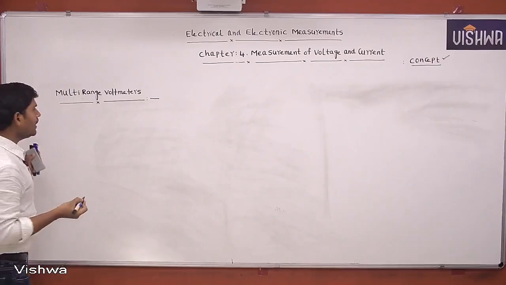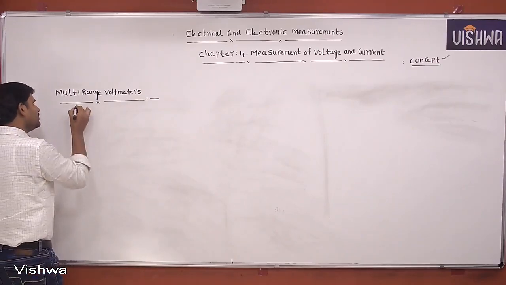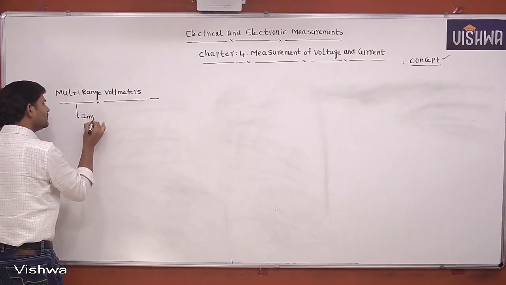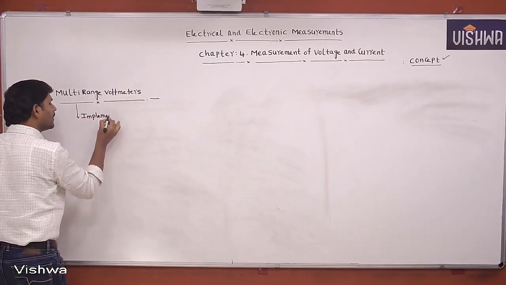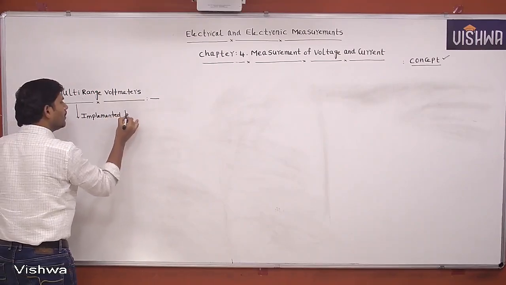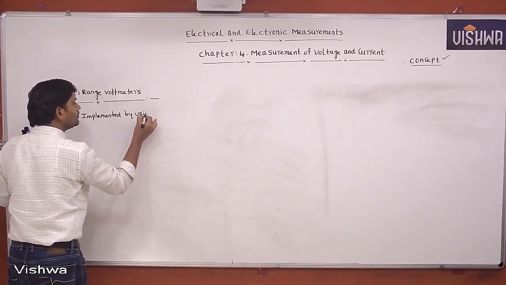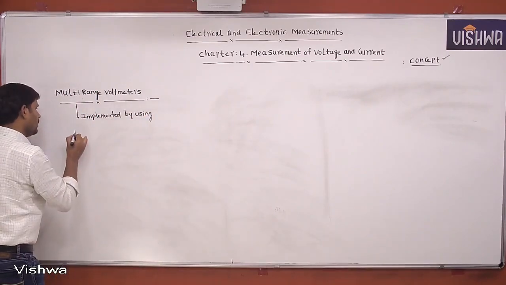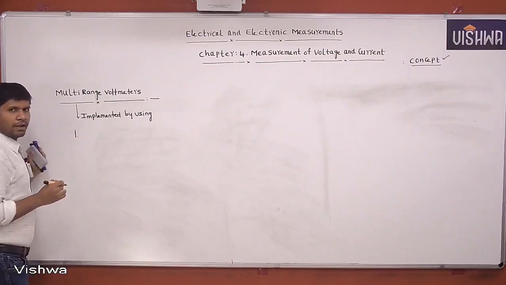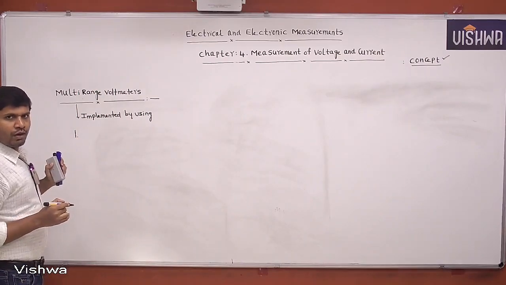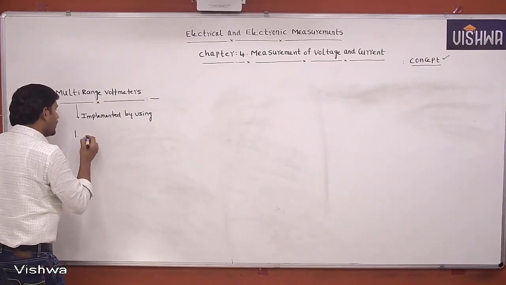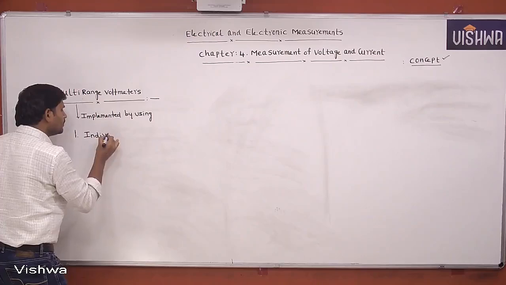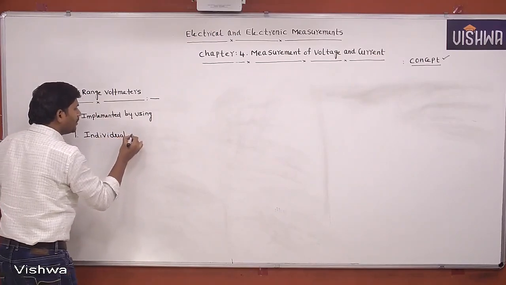These multi-range voltmeters are implemented by using two methods. One is the individual series multipliers method.